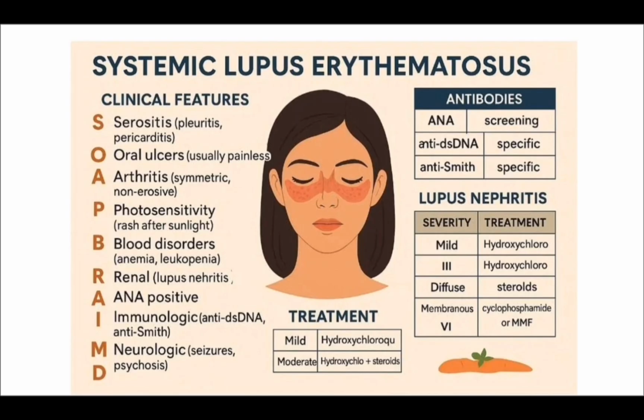SLE shows features of both type 2 and type 3 hypersensitivity reactions. Importantly, Libman-Sacks endocarditis is seen in SLE, and wire loop lesions are seen in diffuse proliferative glomerulonephritis in SLE. Antibodies specific for SLE are double-stranded DNA, spliceosome proteins, and Smith antigen. So serum ANA is a screening test for SLE, not a confirmatory test.